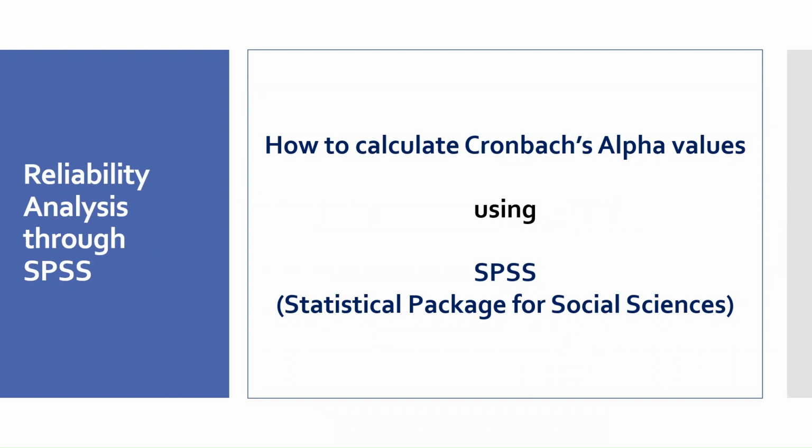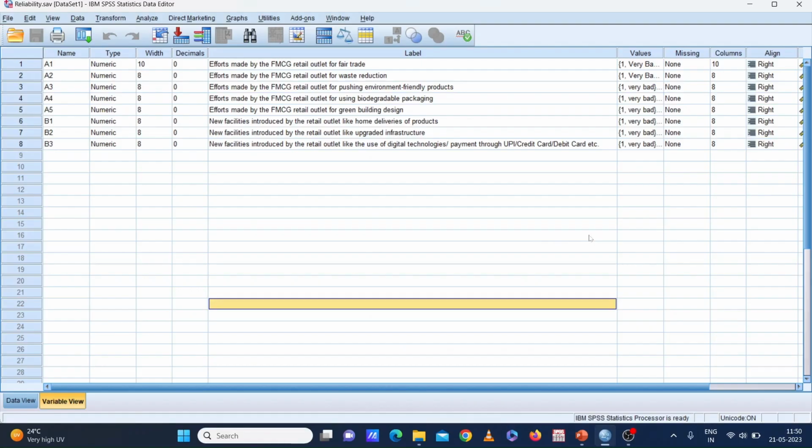Next, we move to calculating Cronbach's alpha values using SPSS. This is the variable view where we have the various statements, the 5 statements for sustainable retailing, and they have been coded as A1, A2, A3, A4 and A5.